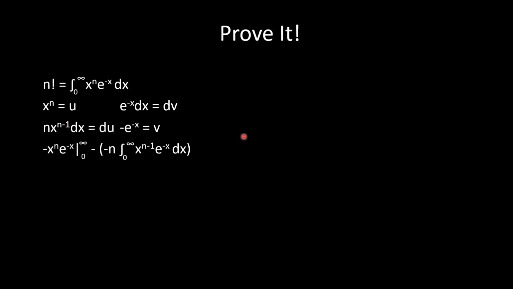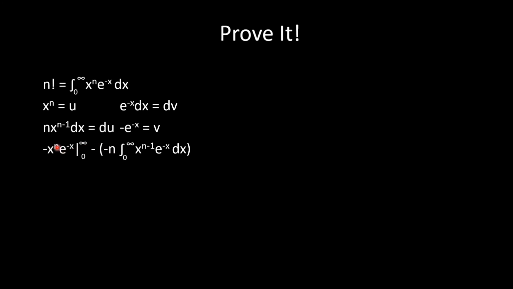Now, some of these things can be very nicely done away with. First, we'll look at this first part with x to the n e to the minus x. At the lower bound 0, x goes to 0 while e is 1, and that means that we have a full product of 0. And then at infinity, it gets a little bit more tricky because we have an infinity over infinity rule.